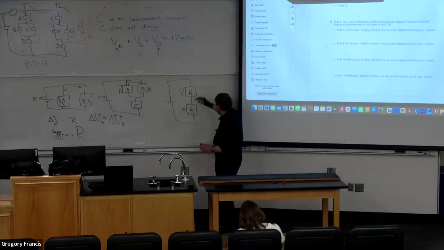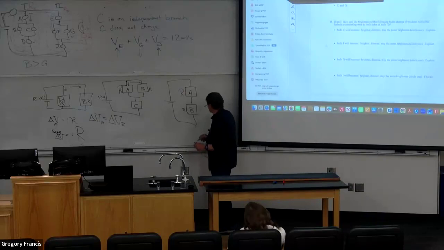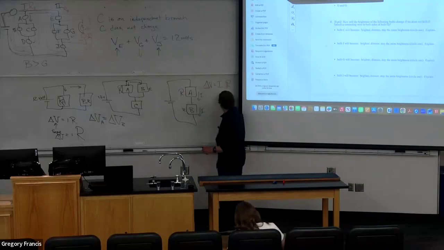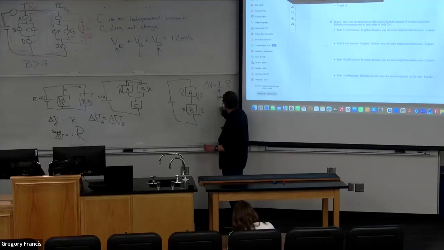Because once Fred goes through A, he has to keep going through B. So that means that whatever I have is the same. So if I look at V equals IR, now it's the I that's the same. And so if I've got a bigger R, I'm going to have a bigger V.